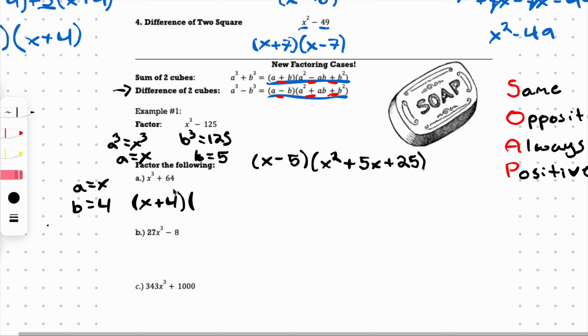Now we want to do a squared, so x squared. Now we want to do the opposite sign, so a minus sign. A times b, minus 4x, always positive, b squared, 16. Great. Hopefully that makes sense.